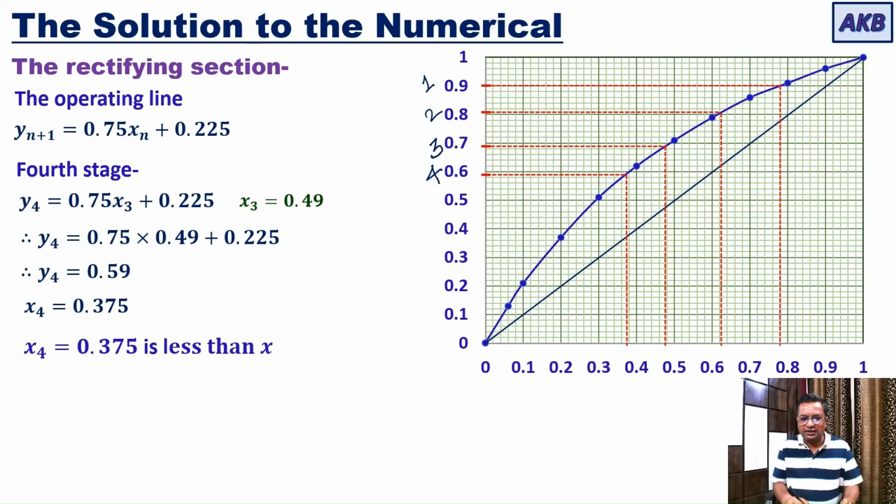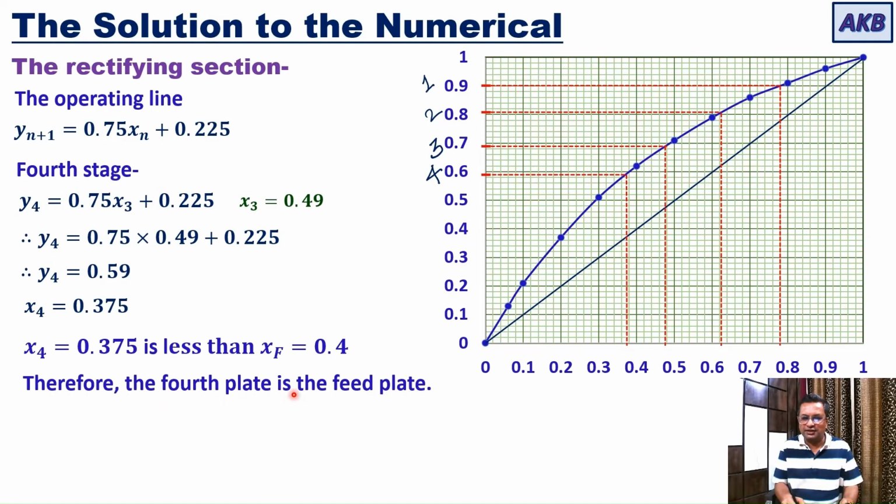If you look at the value of x4, you must have noticed that x4 has now become less than xf, which is 0.4. So x4 is 0.375, which is less than xf, which is 0.4. So the conclusion is the fourth plate is the feed plate.